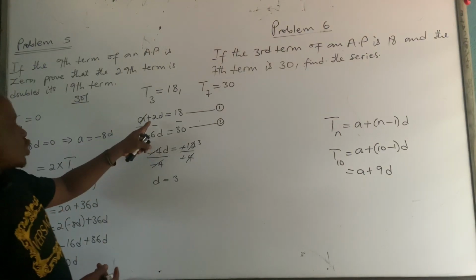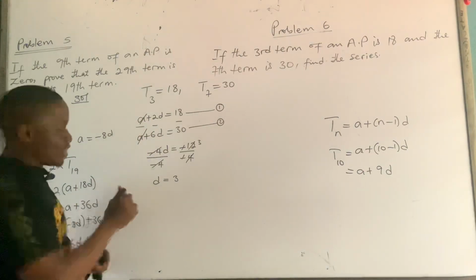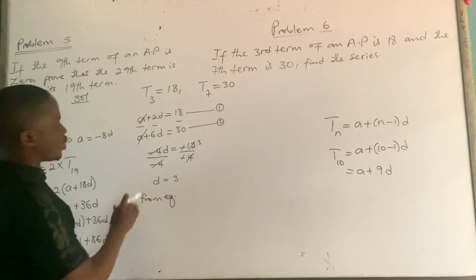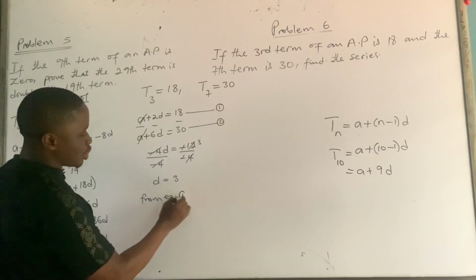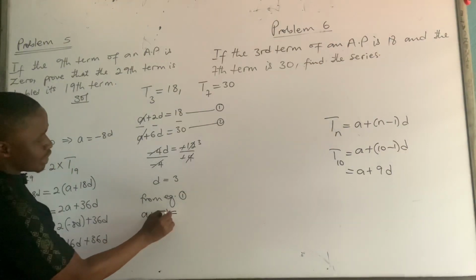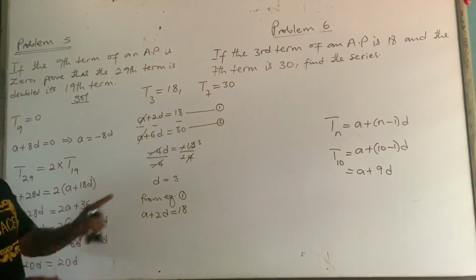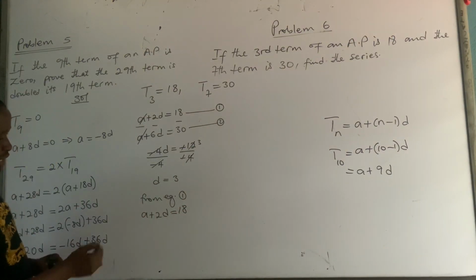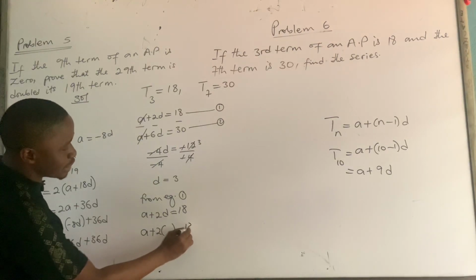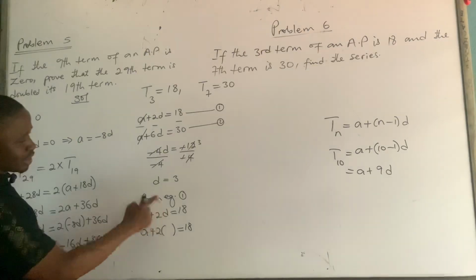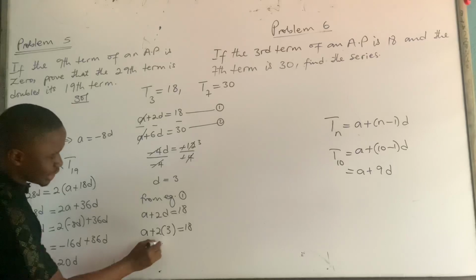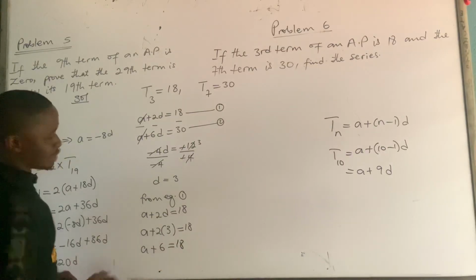So we also have the first term, A. From equation 1, equation 1 says A plus 2D is equal to 18. But D is already 3. So A plus 2 times 3, which is 6, is 18.